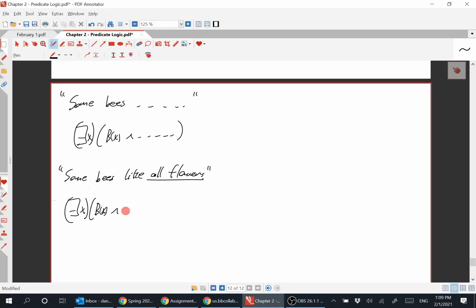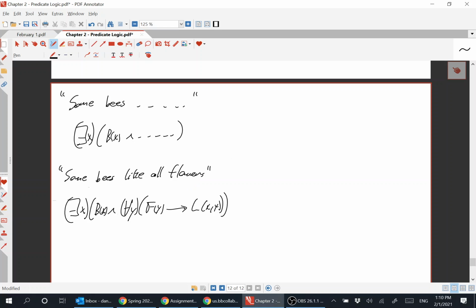Would it be all? Yeah, for all Y. For all Y, what? What Y's are we interested in here? F of Y, flowers. If it's a flower, then what? What's X's relationship to that flower? L X Y, and the connector is implication.